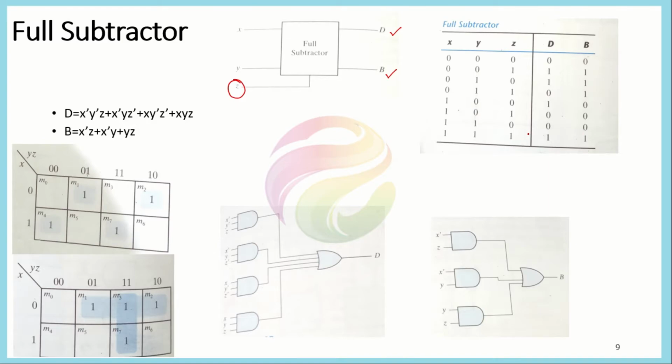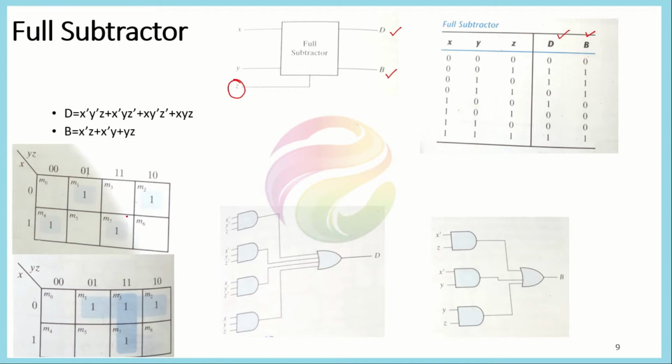Now we need to design a circuit for this full subtractor system. We can assume D as a separate output and B as also a separate output for the system. And for each of them, we design a K-map. First, for D, we design a K-map.